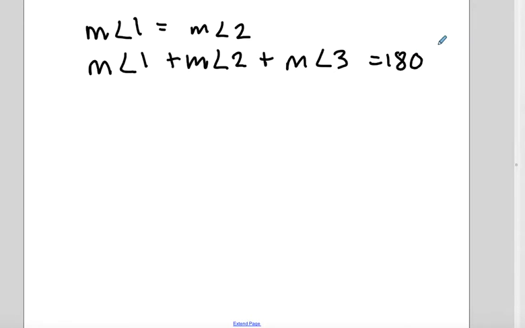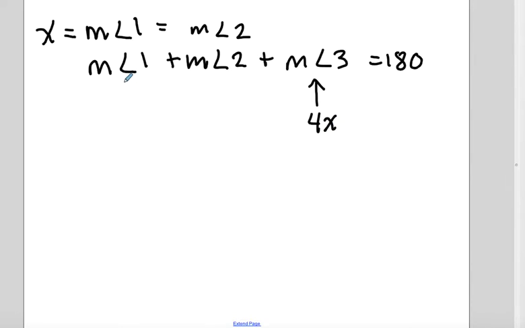And actually, I know something else, because I've been told that the measure of angle 1 is x, and I've also been told that the measure of angle 3 is 4x.